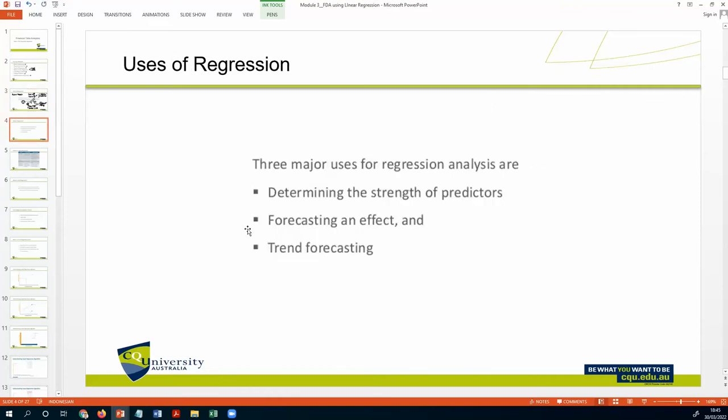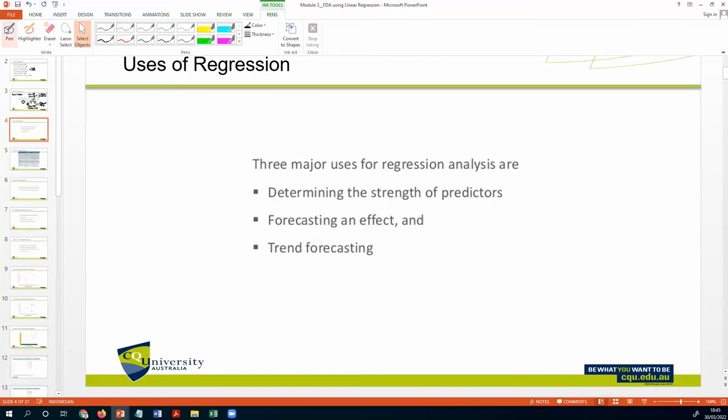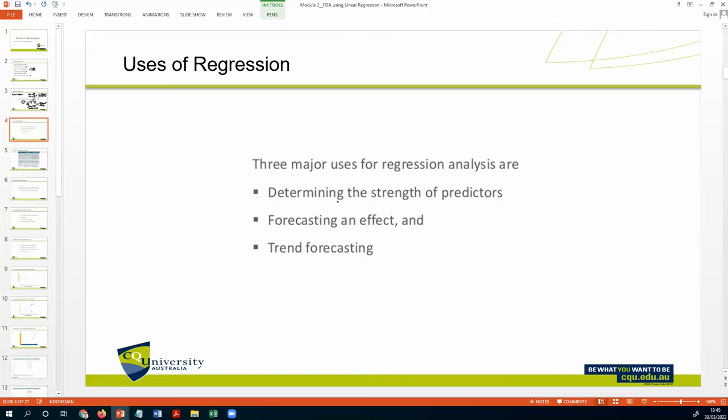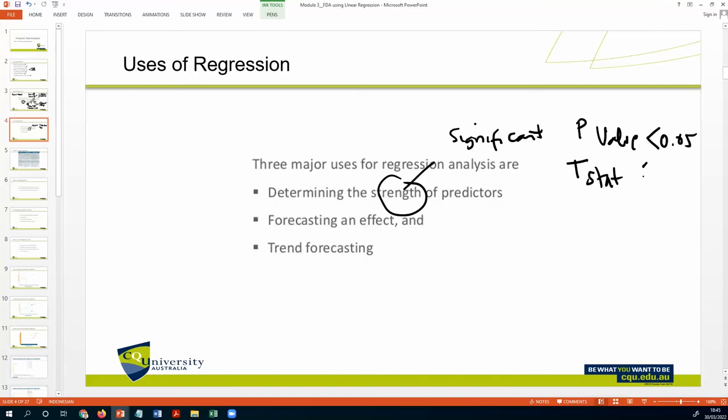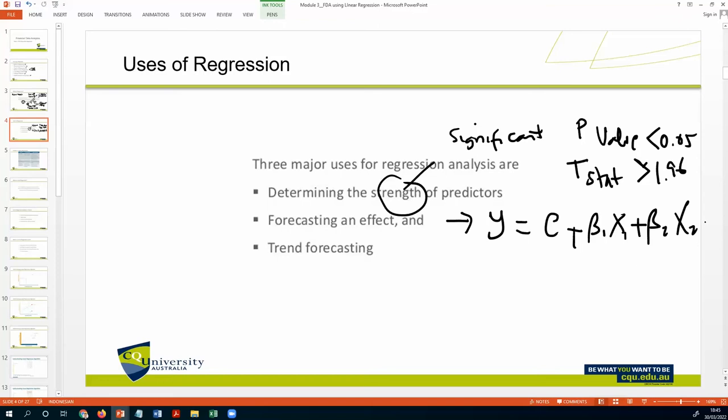The uses of regression are to determine the strength of a predictor. How do you know the strength, whether it is significant or not? Whether the p-value is below 0.05 and the t-statistic above 1.96. And also forecasting, because the formula will be y equals constant plus b1x1 plus b2x2 and so on.